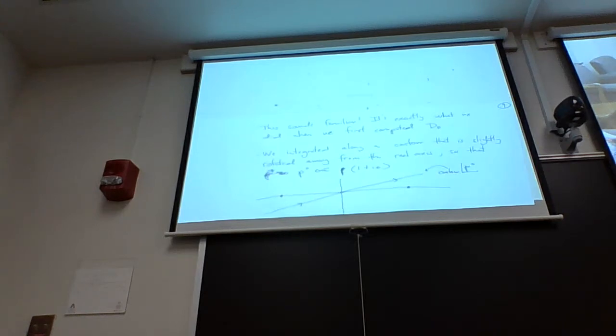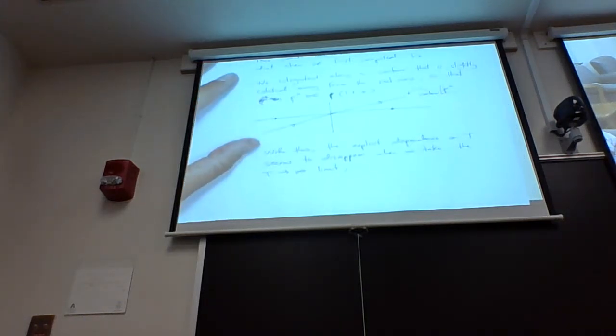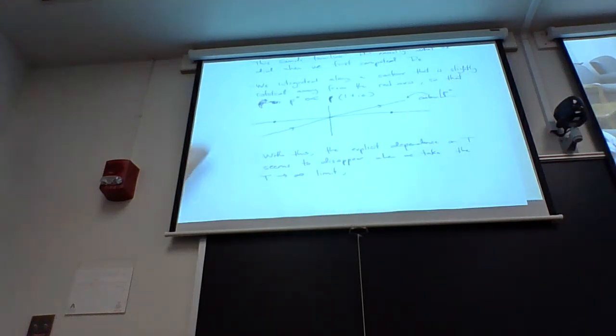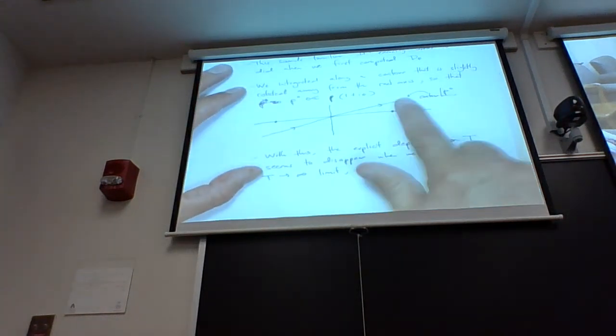This should sound familiar because it's exactly what we had to do when we were computing the Feynman propagator months ago, when we had the poles that we had to somehow deal with. We did a Wick rotation of the momentum or the energy part of the integral slightly into the complex plane.